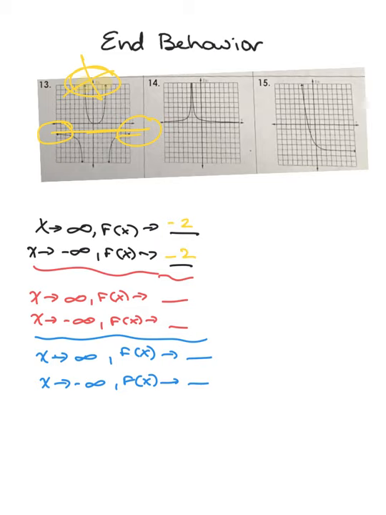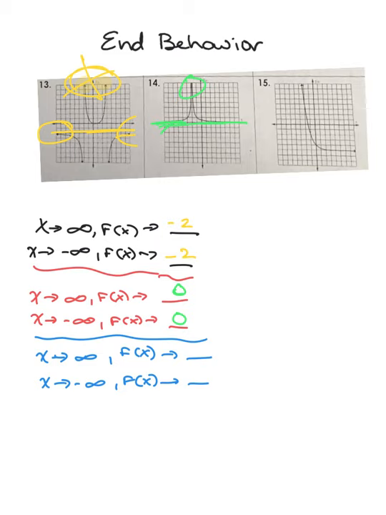On number 14, again, I'm not looking at the middle of the graph, I'm looking at the end. So as x is approaching infinity, I'm getting closer and closer to my x-axis, which is y is equal to 0. As x approaches negative infinity, same thing, I'm getting closer and closer to my x-axis, which is y is equal to 0.